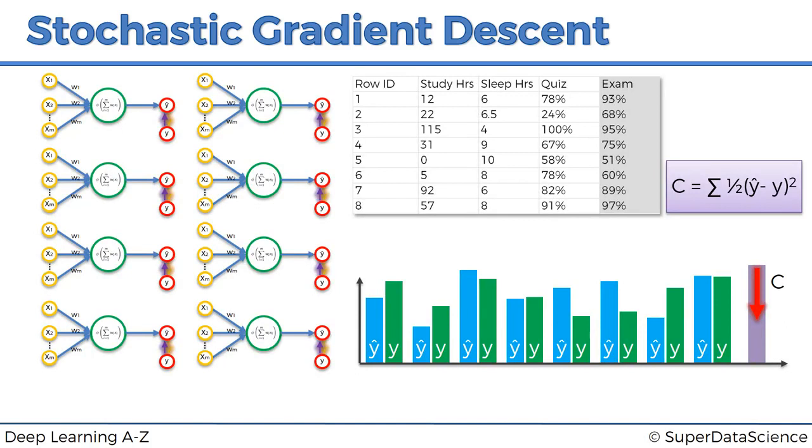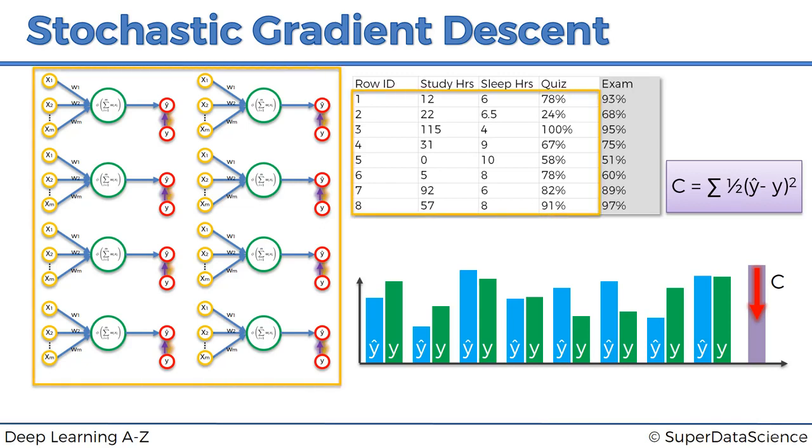So let's have a look at the two differences between the normal gradient descent that we talked about and the stochastic gradient descent. So normal gradient descent is when we take all of our rows, we plug them into our neural network. And once again, here we've got the neural network copied over several times, but the rows are being plugged into that same neural network every time. So there's only one neural network.